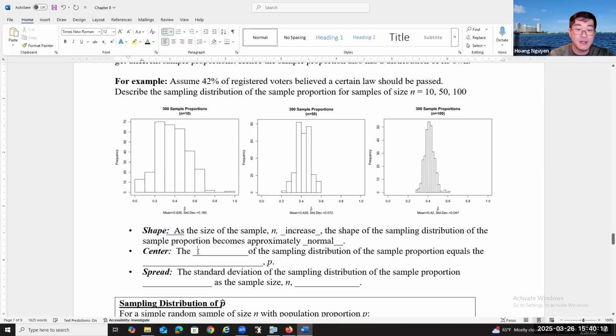How about the mean? The mean of the sampling distribution of the sample proportion will be equal to the population proportion p.